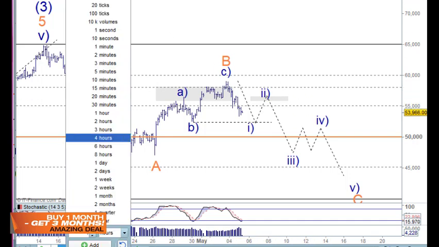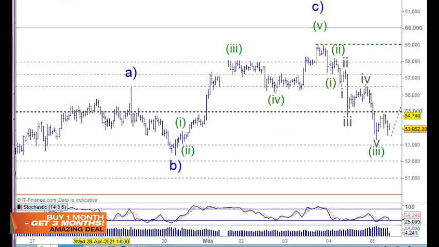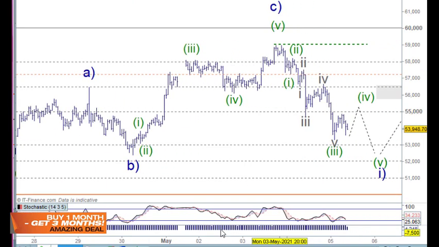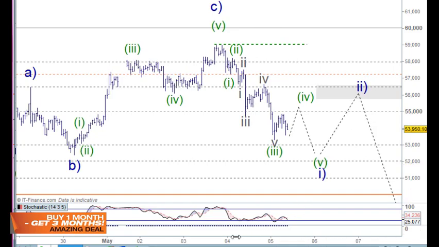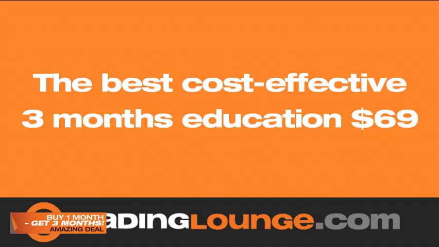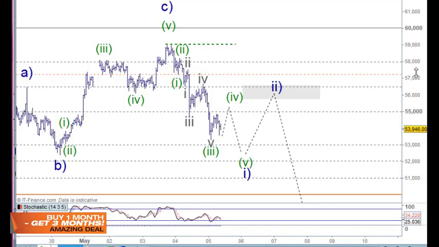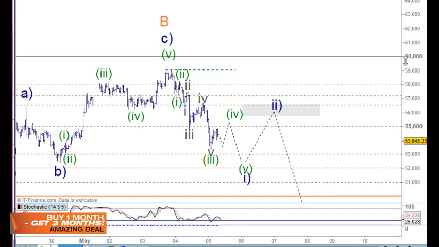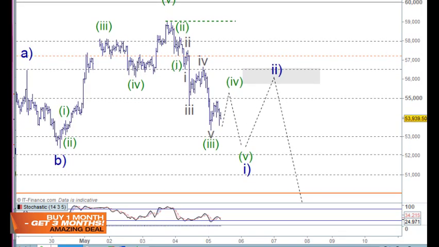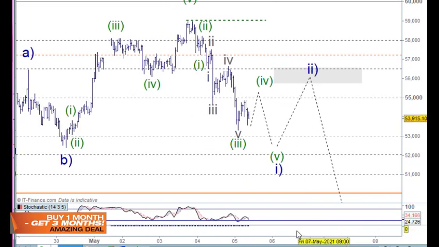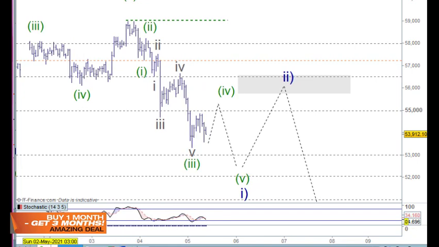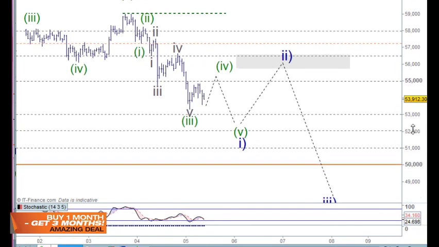Let's drill in a little bit further to understand this move down through here. On the hourly chart, we've got our wave B up there at the top, so we can move that out of the way a little bit and look at this in a bit more detail.